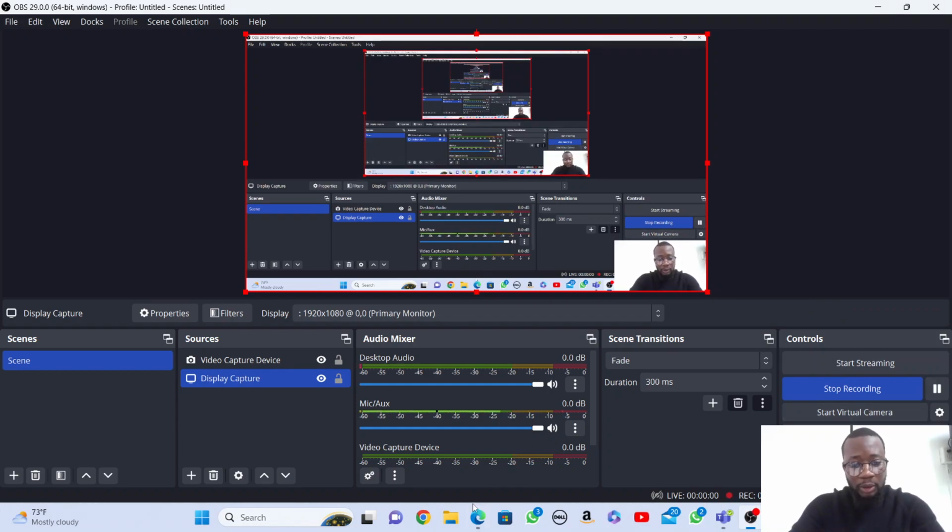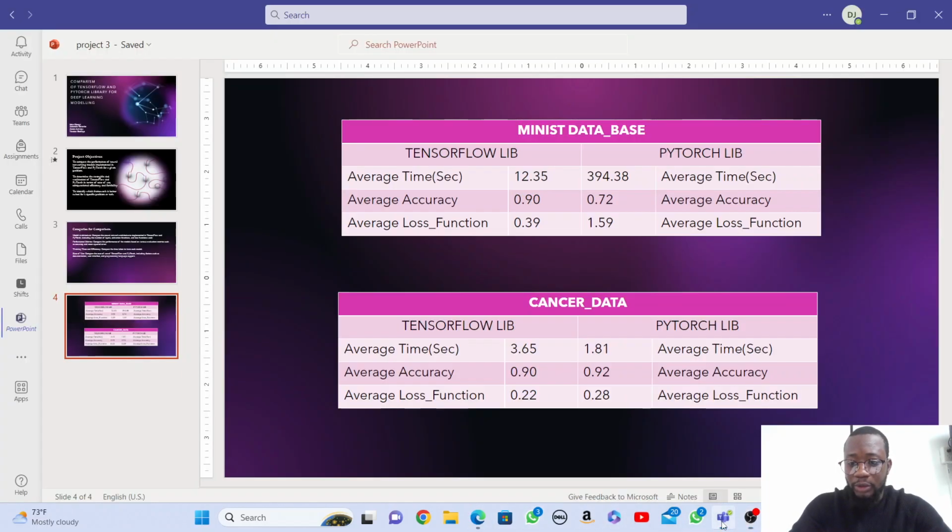Moving on with the comparison, we also subjected TensorFlow and PyTorch to mixed data. The mixed data is actually an image data which we found on one of the databases. What we also did was to subject both PyTorch and TensorFlow to the same conditions.